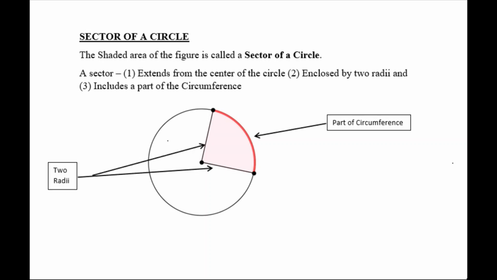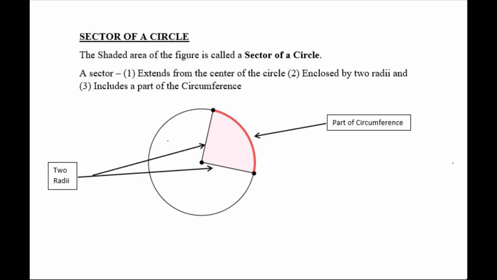So we shall continue, and now we have to know what a sector of a circle is. So as you can see in the diagram I've given you, there is a circle where the center of the circle is marked with a black color dot in the middle, and there is an area shaded in red.